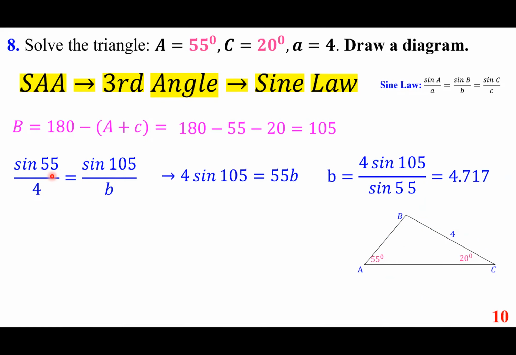Use the same thing, sine 55 over 4, and then sine of 20 over C, or we can use sine of 105 over 4.717. I'm going to use the new one, but my recommendation is always to use the old one because of what's given.